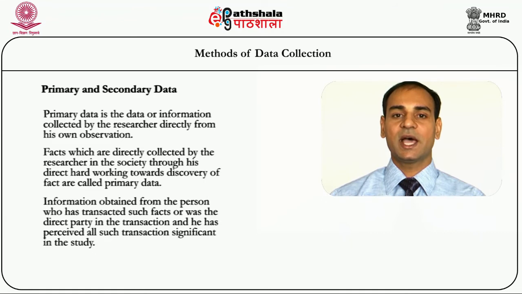He is the direct source of information who has accepted, perceived the information directly. And other than the direct observation of fact, any source of information which provides the information from indirect method, that is the secondary method.